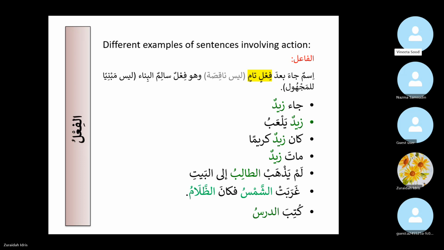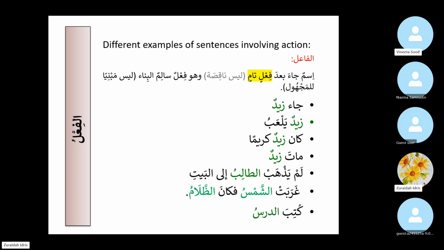And Mata. Mata is ism istifham, oh no, it's actually a past tense, it comes from the word maut. So Mata is fi'l madi and Zaidun will be a fa'il, a fa'il zahir. So Zaid died.